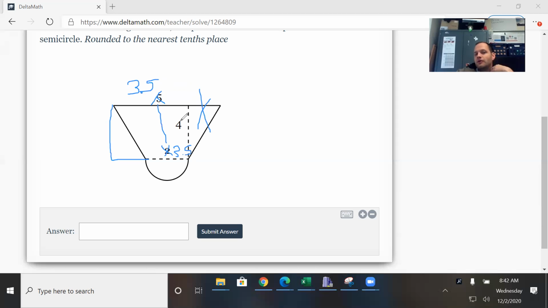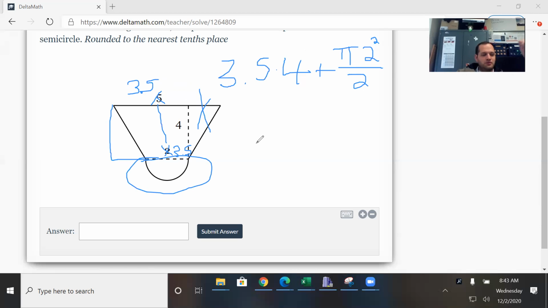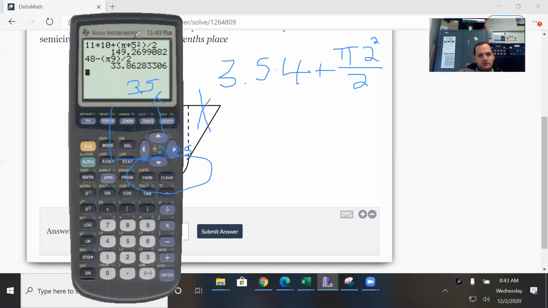Okay. So if we have a rectangle that's 3.5 by 4, well, 3.5 times 4 plus the area of this half circle, which is pi times 2 squared over 2, which will give us, so here, 3.5 times 4 plus pi times 2 squared divided by 2.